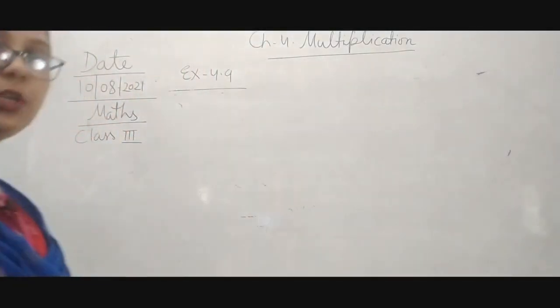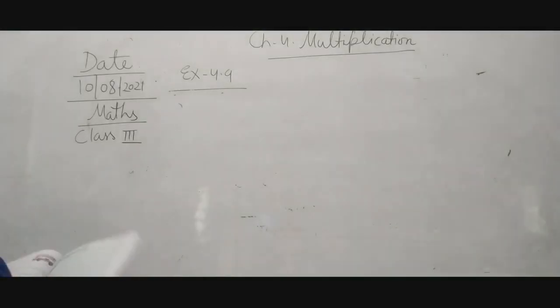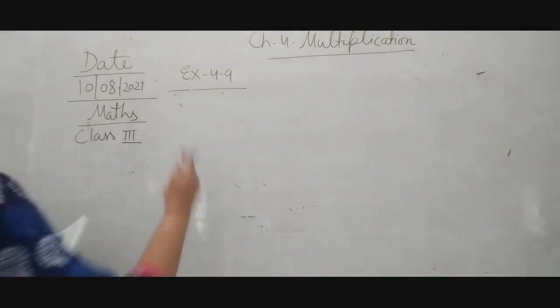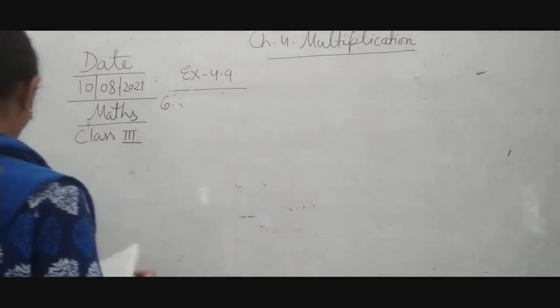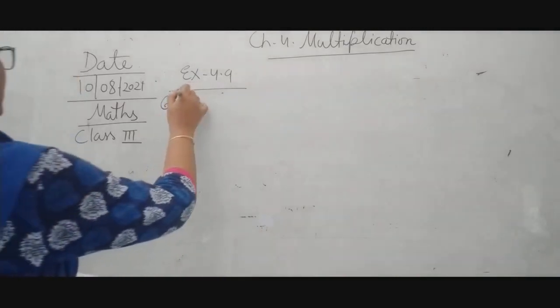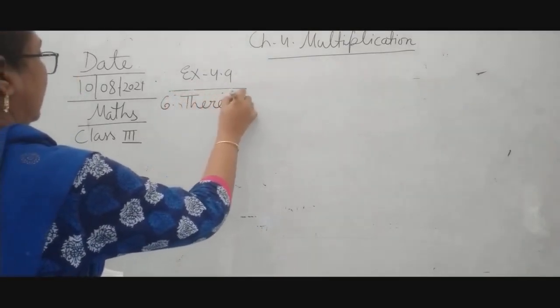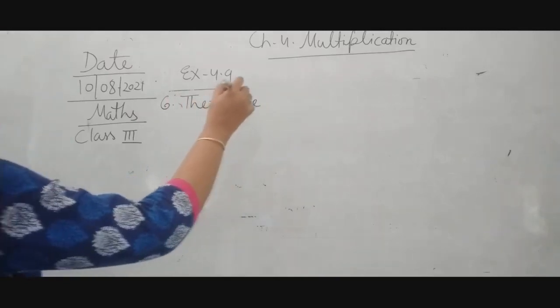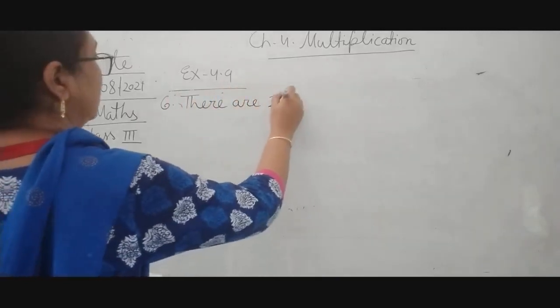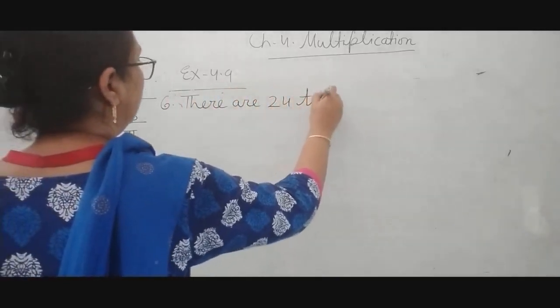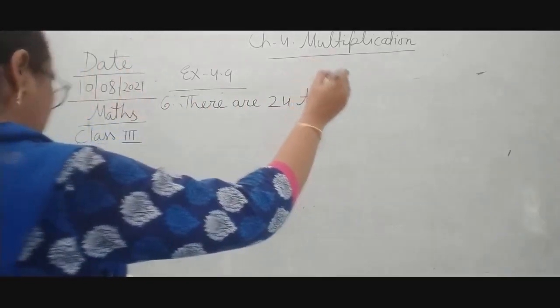We will write question number 6 over here. There are 24 trees in a row.